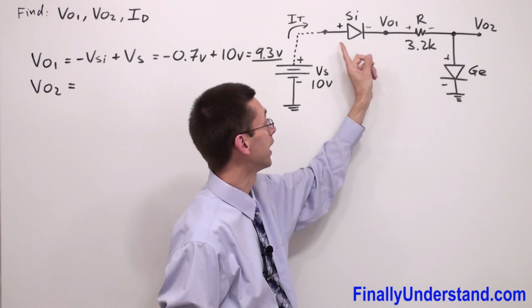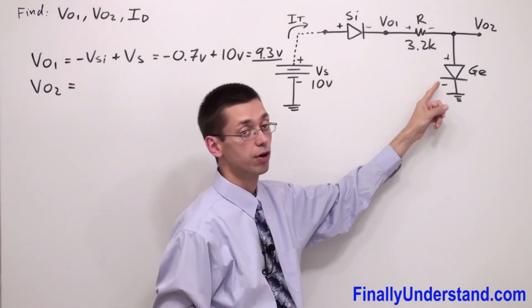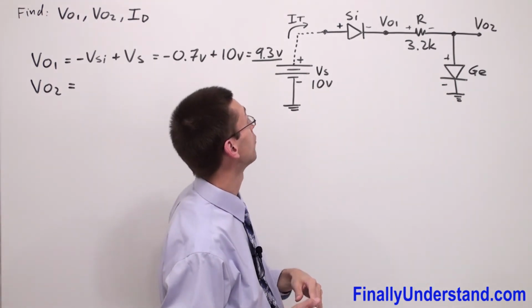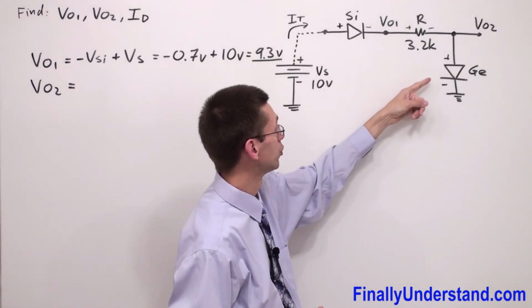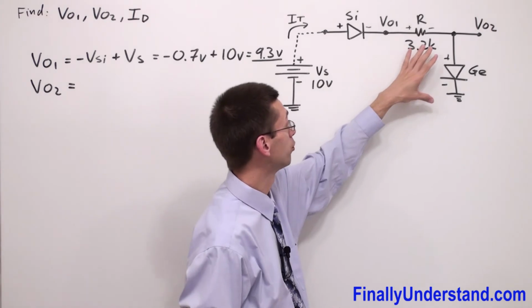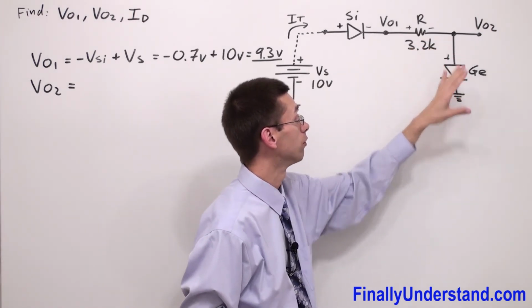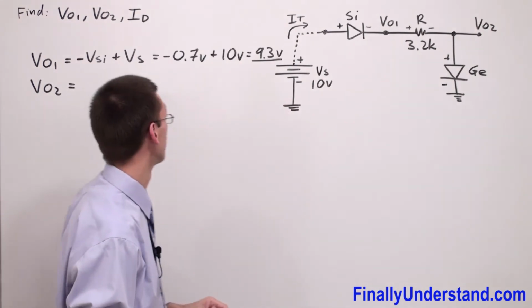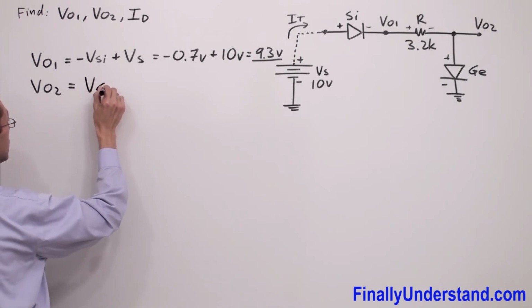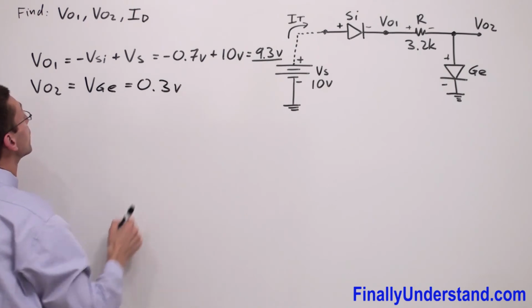We said that both diodes are forward biased, and when the germanium diode is forward biased, in other words, is in the on state, it is going to have a transition voltage equal to 0.3 volts. So it means that we're going to measure 0.3 volts across the diode, and this is also my output voltage 2. So Vout2 is equal to VGE, which is equal to 0.3 volts.